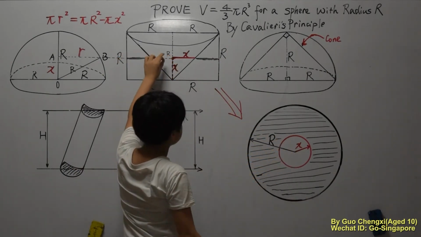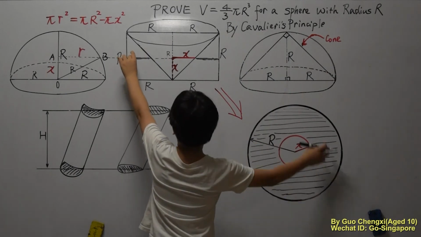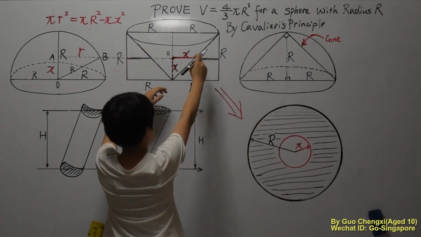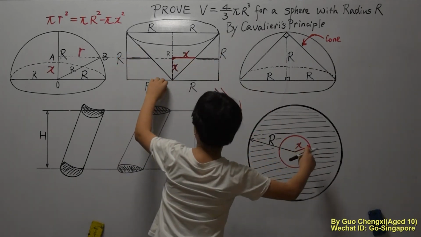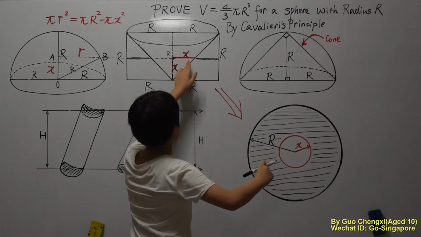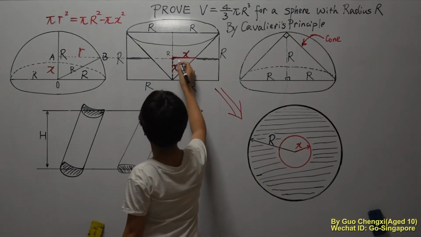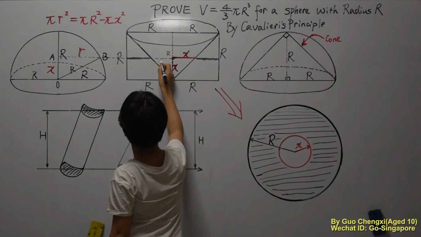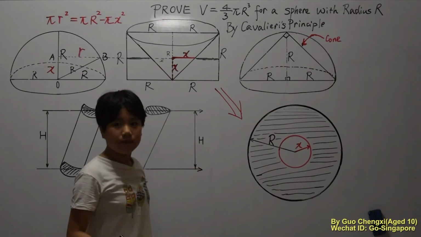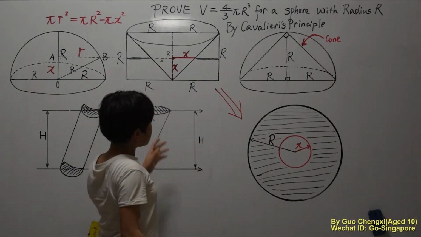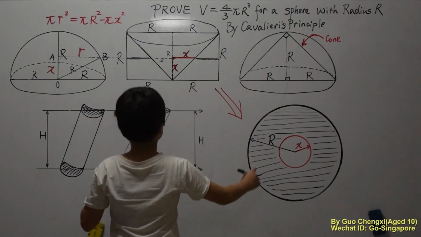This whole thing is the cylinder, and this part would be this X over here. Now that this is X, actually this part is also X. Okay, so actually this part is this part.